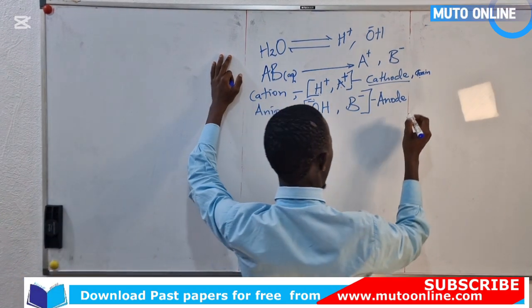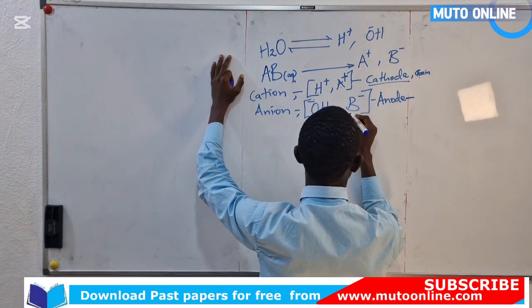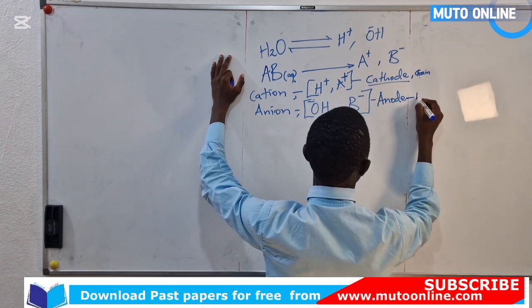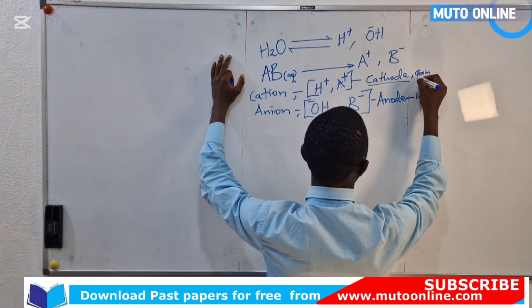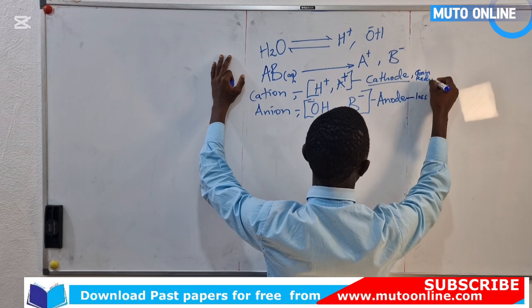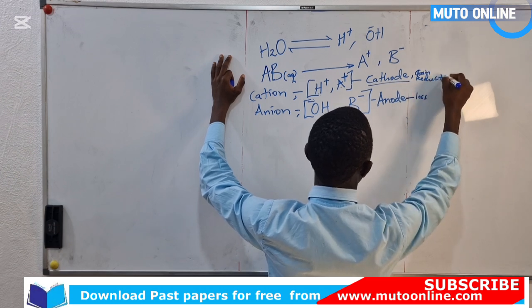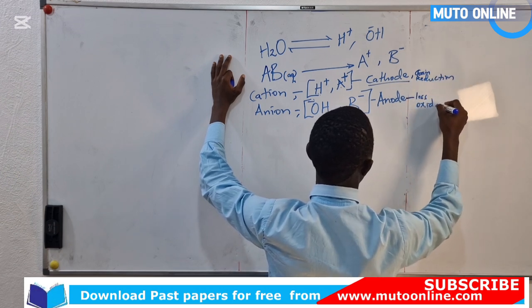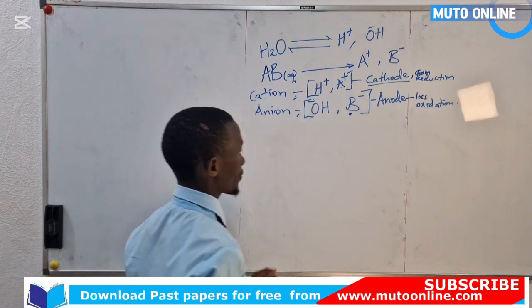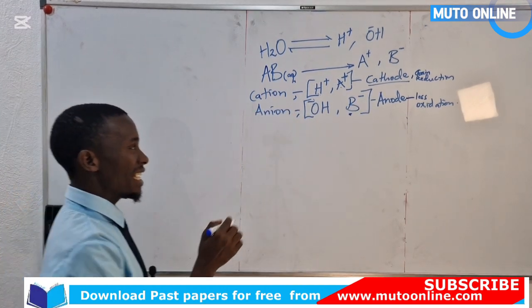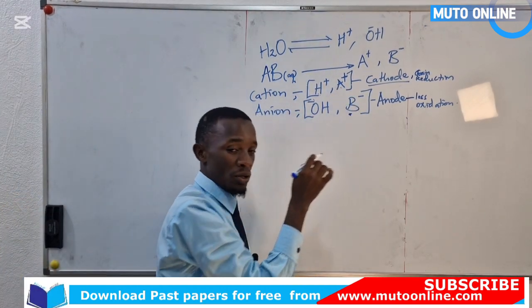And then at the anode, the negatively charged ions will be discharged by loss of electrons. This is also known as reduction. This is also known as oxidation. We are saying that one of these ones, not both.